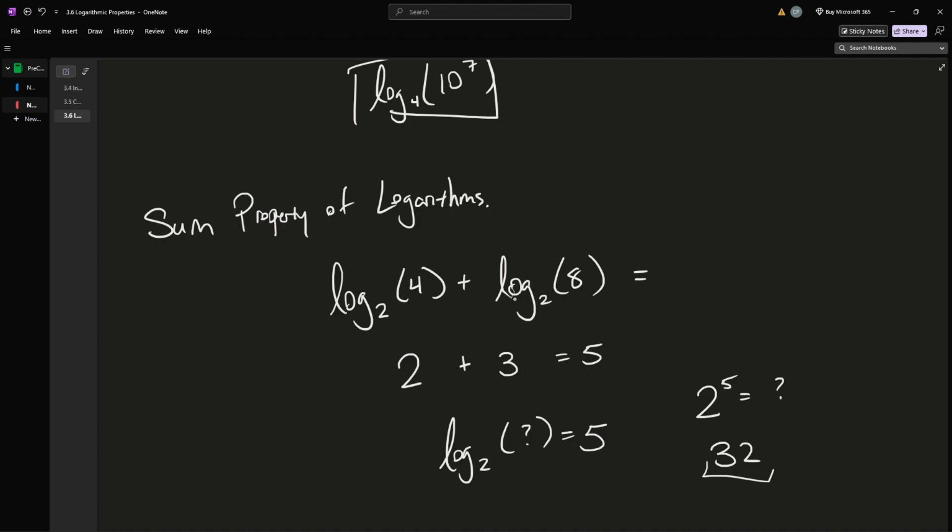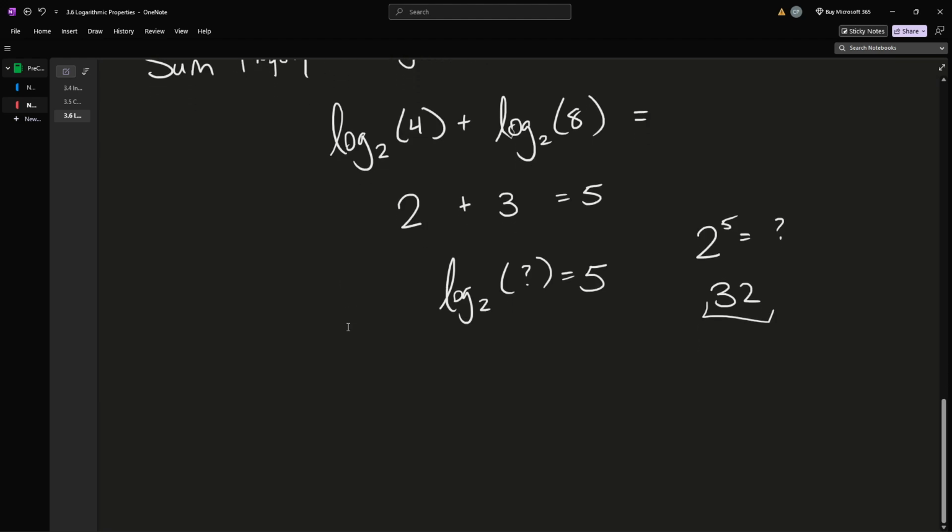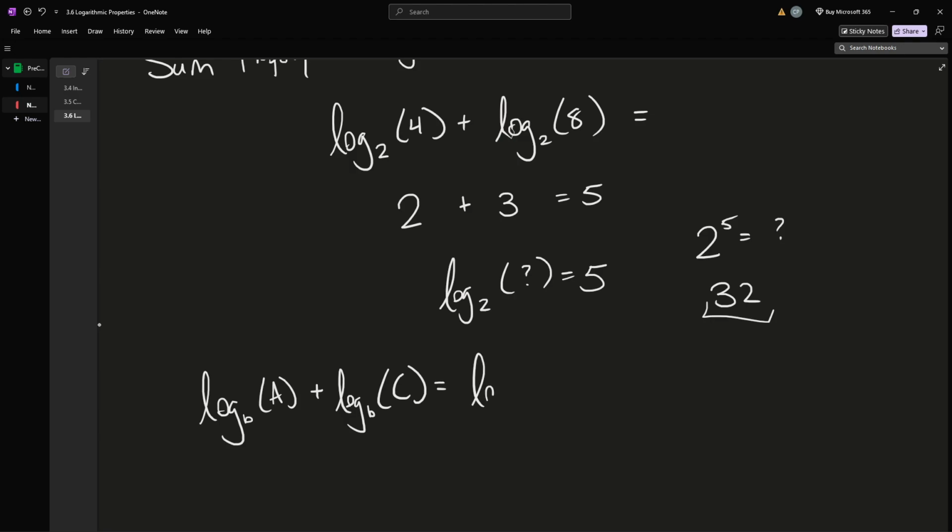I see 4 times 8 is 32, which tells us the sum property of logarithms, where if you're given 2 logs of the same base, log base b of a plus log base b of c, this gives us log base b of ac. They're being multiplied together.